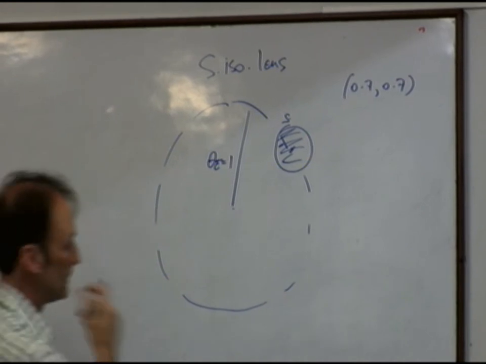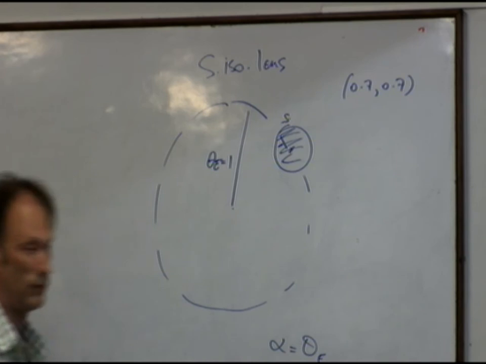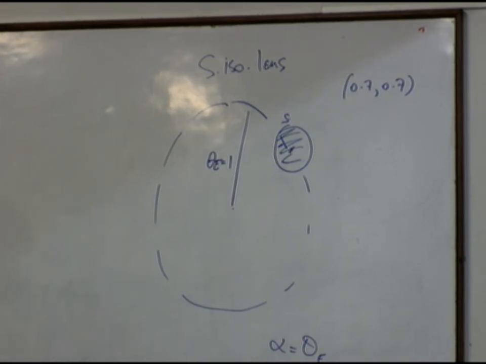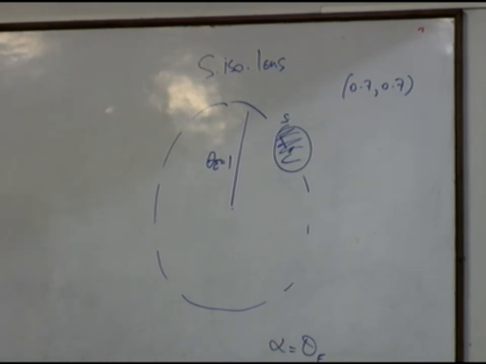Now, the singular isothermal lens, remember, has a deflection angle which is constant, so all images are always displaced by exactly the same angle. Alpha is also the Einstein angle, therefore.